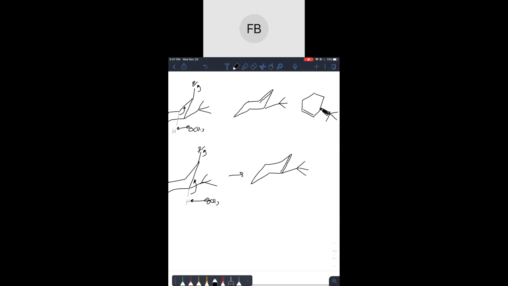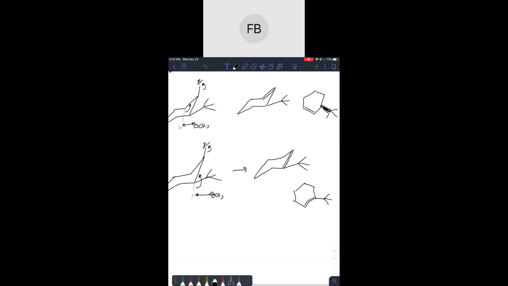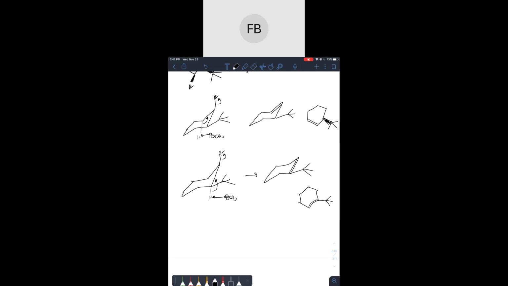Whereas this one is going to form a cyclohexane where the tert group is again here, but the double bond is here. And if you guys remember, I said that we should always show the tert group. If there's something that's only sp2, then don't do your stereochemistry there. So that's why I didn't show this as being up, because that's not relevant anymore.